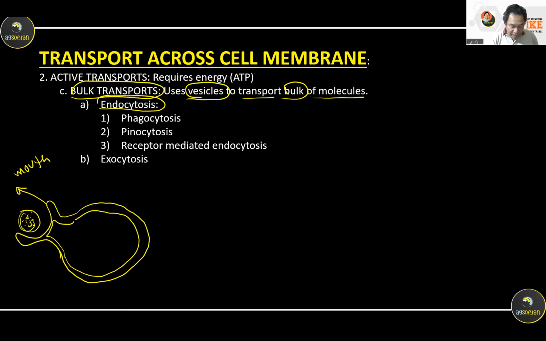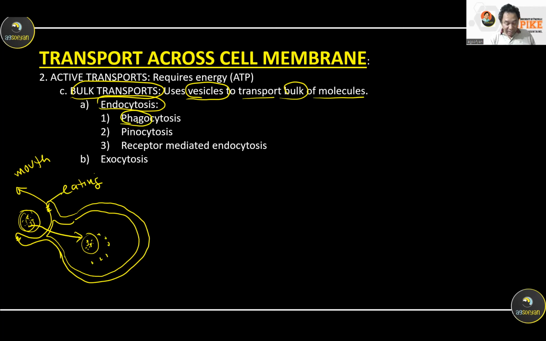Then this will be eaten and go inside the cell, and maybe it will be released like that. So if the bulk transport or vesicle enters the cell by making a mouth structure, like eating, this movement is called phagocytosis.